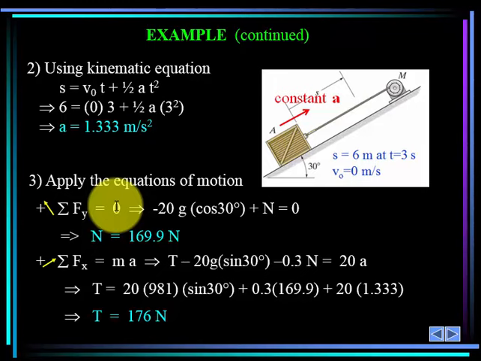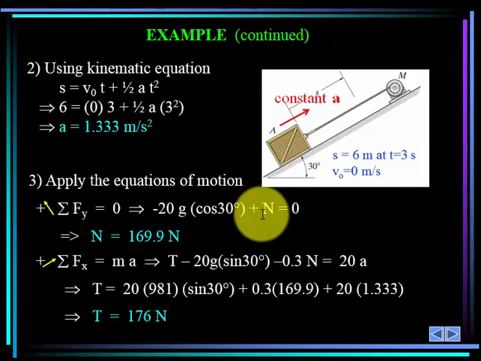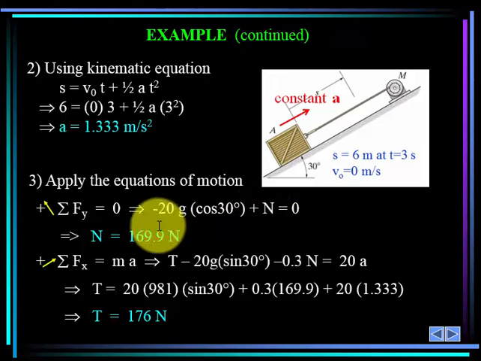The box never moves in the y direction. This is a one equation, one unknown problem. The only unknown is the normal force, and the normal force is 169.9 newtons. Notice this g right here has a value of 9.81.